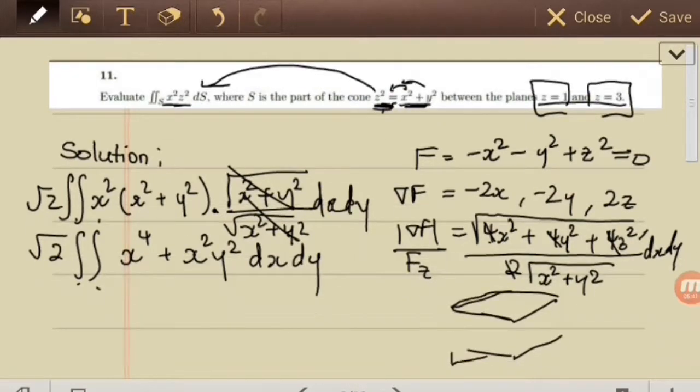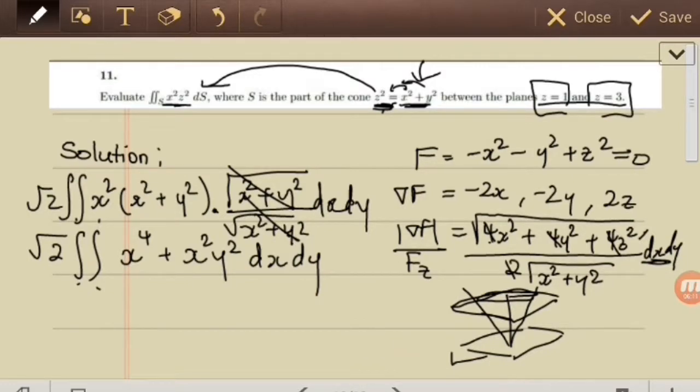But we're strategic in a sense that we didn't include z here. So this means we have to do it in terms of y and x. Okay, so let's substitute the values here and see what we're going to get.